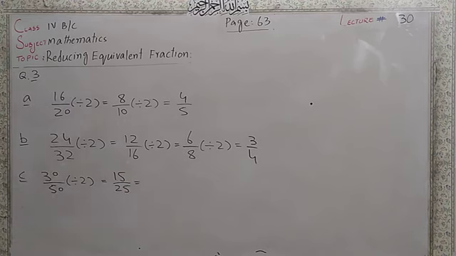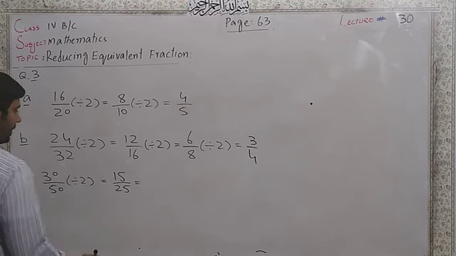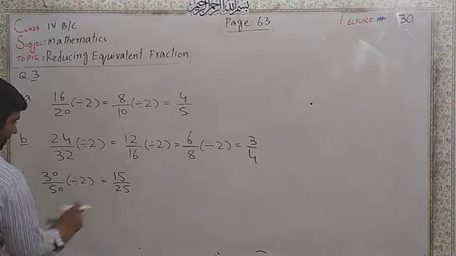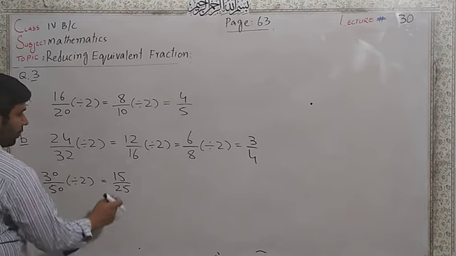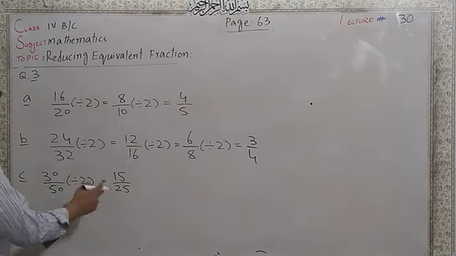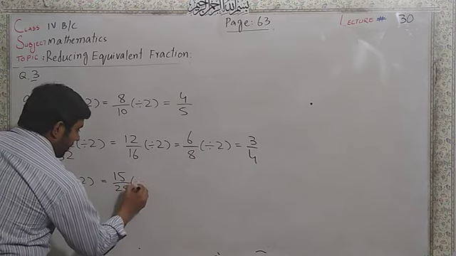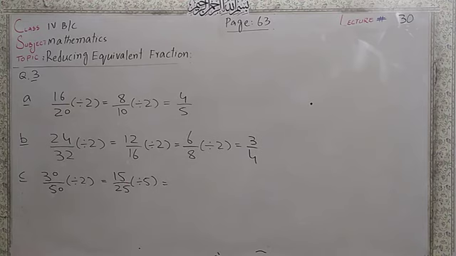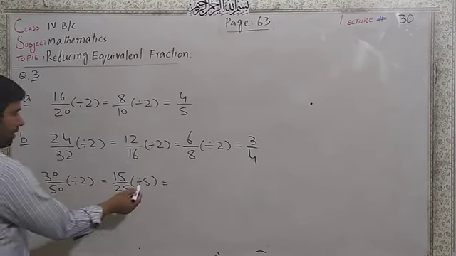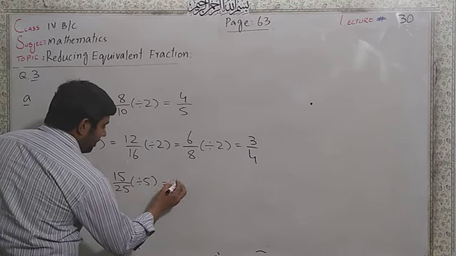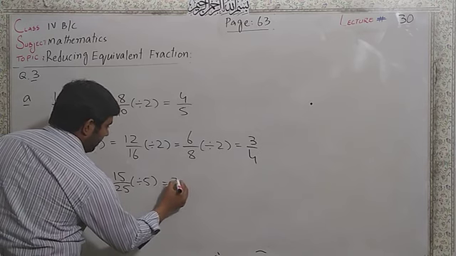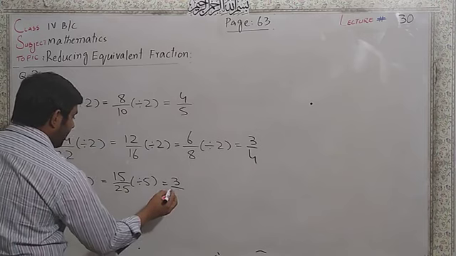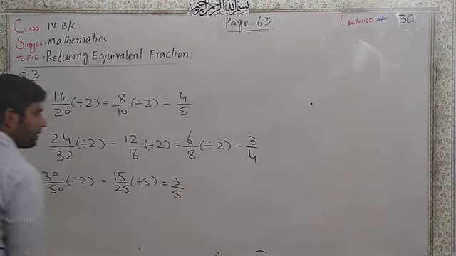Okay. Next we will divide. This is 15 and this is 25. We cannot divide with 2. We cannot divide by 3. We'll see divide by 5. Okay. 15 divided by 5 will be 3 and 25 divided by 5 will be 5.